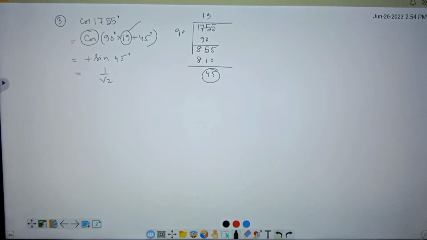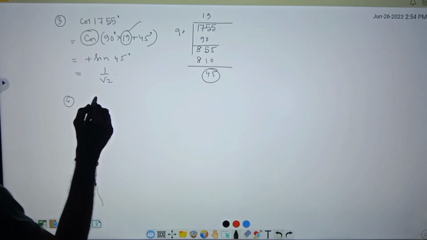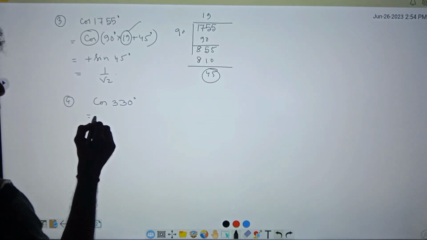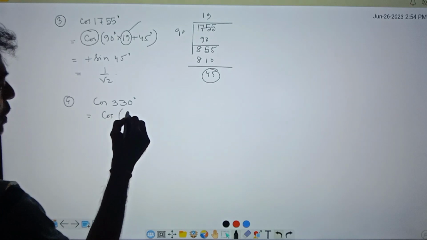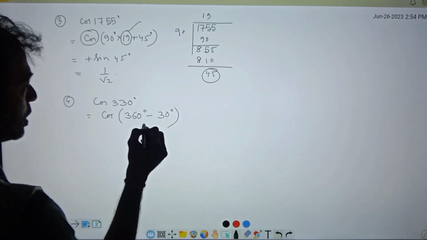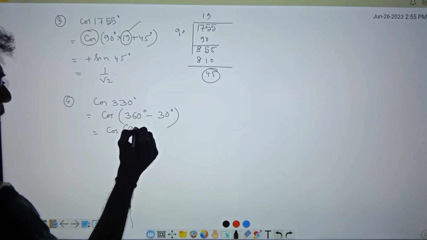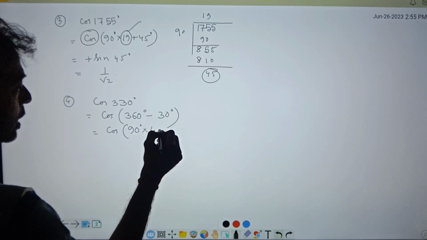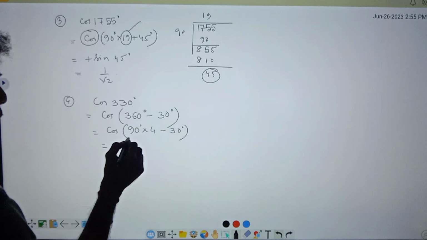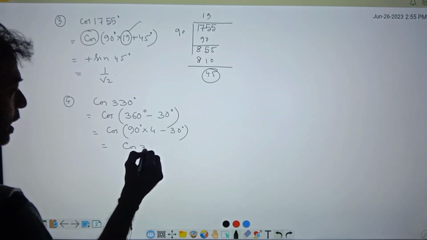So that's our problem. After that, the fourth problem, cos of 330 degree. Cos of 330 degree will be cos of 360 degree minus 30 degree. So cos of 360 is an even multiple of 90, that is 90 into 4, minus 30 degree, and for 90 into 4 the trigonometric ratio is not going to change, so that will be cos of 30 degree.